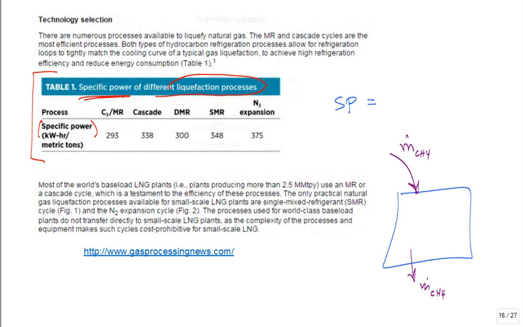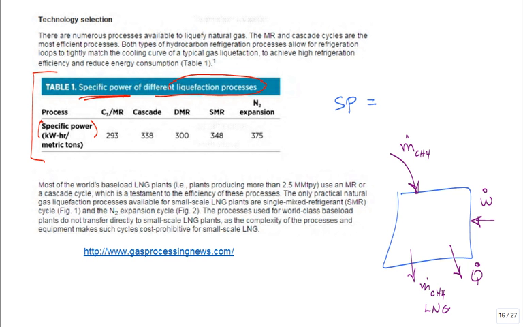This is coming out at negative 100 and some odd degrees C. It's liquefied natural gas. I'm putting into a black box a stream of natural gas. It's coming in warm, it's coming out liquefied. There's a lot of heat removed. And what do we have to put into that black box to make it work? Some power. And I know there's a bunch of Q dots.